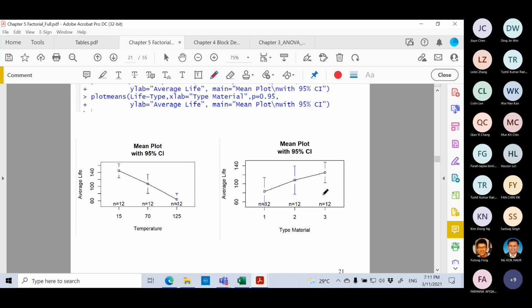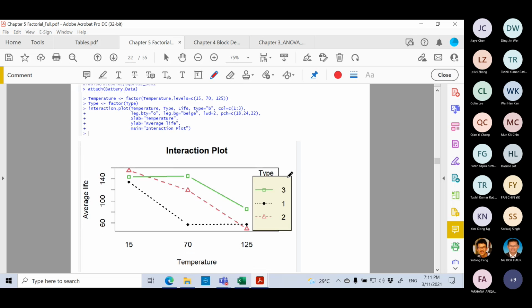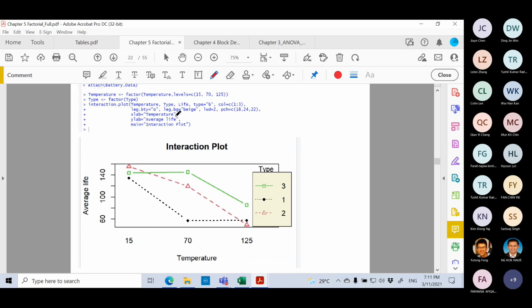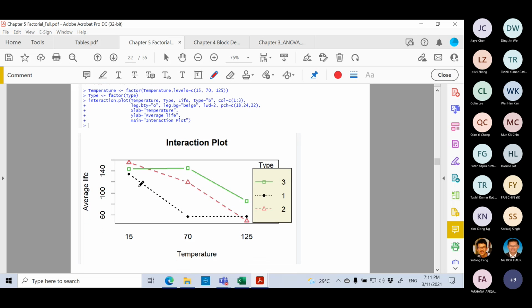Okay. So from this one, as you can see the plot here, this one is the code if you want to draw it in R. Okay. So as you can observe here, if the interaction is significant, when you're talking about the temperature at 15, which one will give you the highest average life?